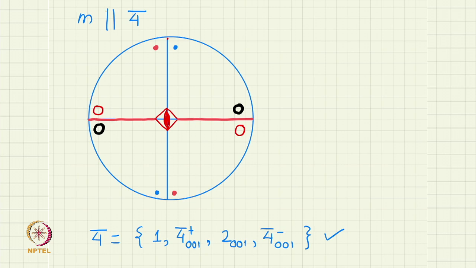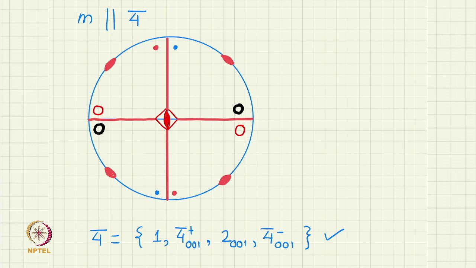So this vertical diagonal is now representing another mirror plane, a mirror plane perpendicular to the original one which I added. Not only this mirror plane, but we now also have two-fold axes in between the mirror planes, exactly along the 45-degree lines.